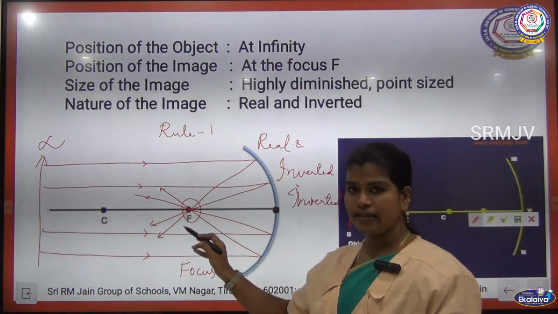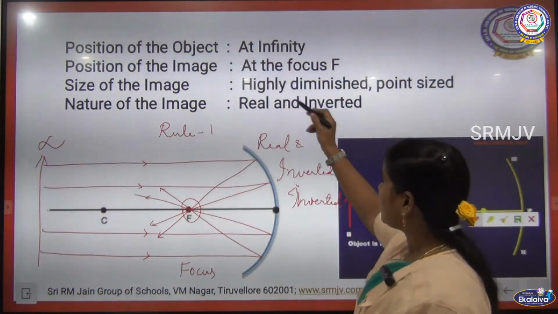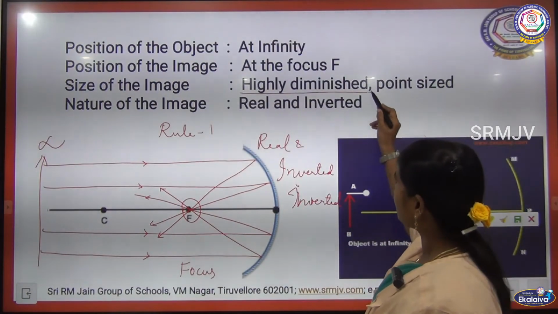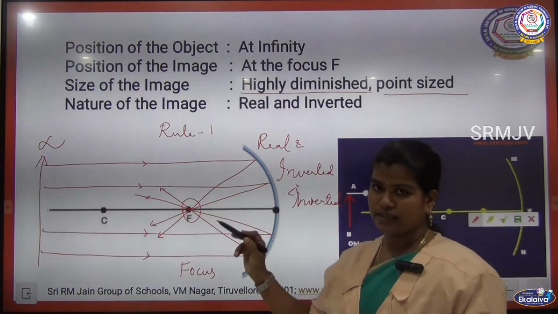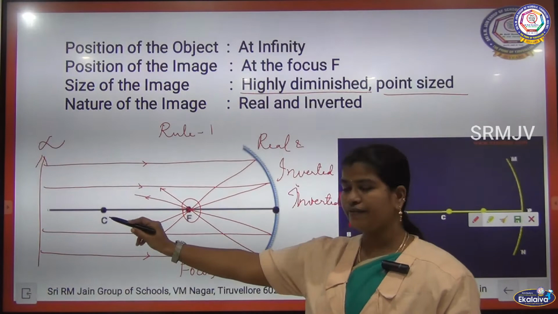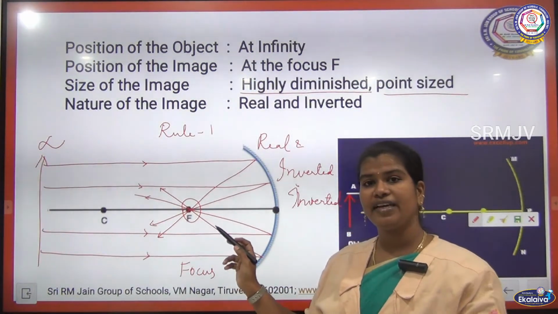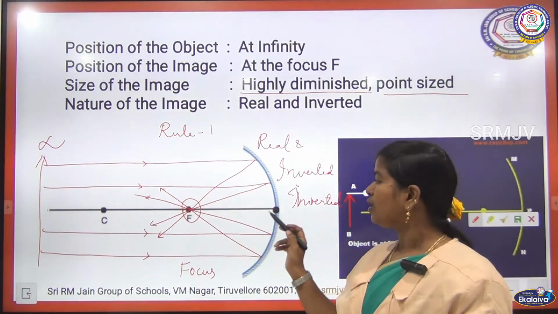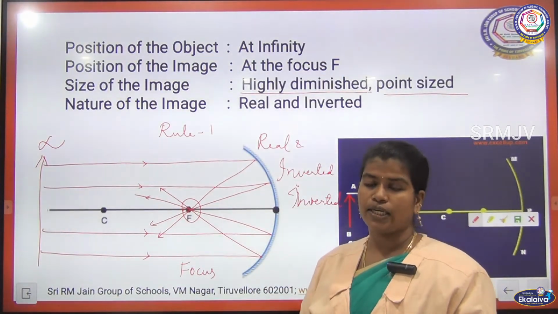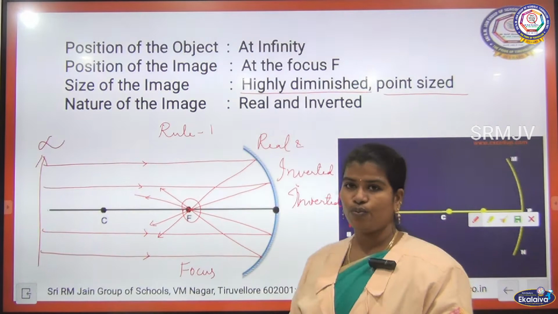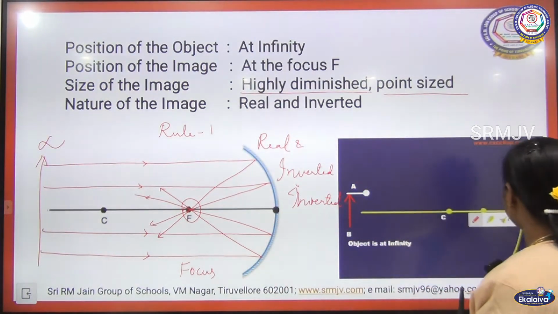Talking about the size of the image, it is highly diminished and point sized. So when the object is at infinity, the image is formed at the focus, very diminished, real and inverted. Now we will go with the next position.